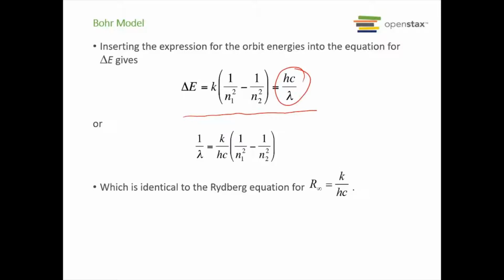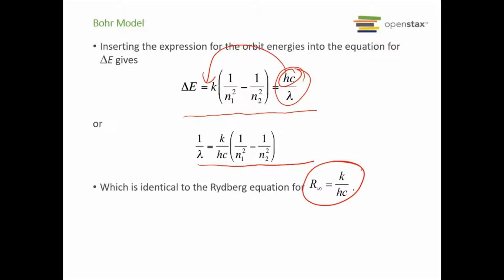And then we can make this 1 over lambda equals k over hc. Just rearranging things a little bit, because we're putting hc with k to make one big constant. And this is the Rydberg constant. So k over hc is actually equal to R infinity, the Rydberg constant.